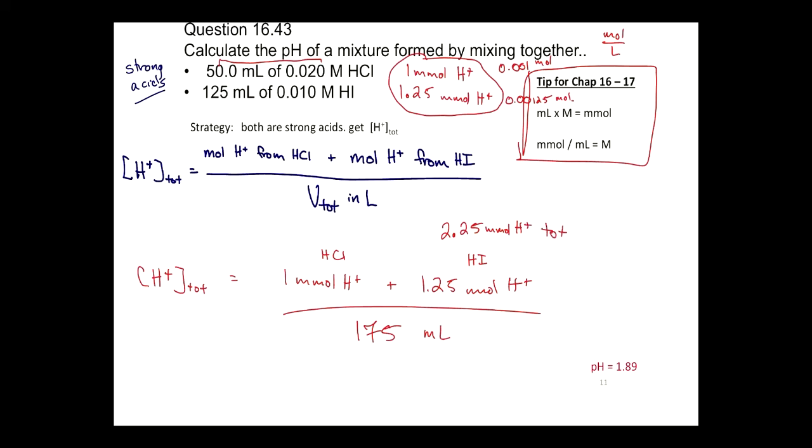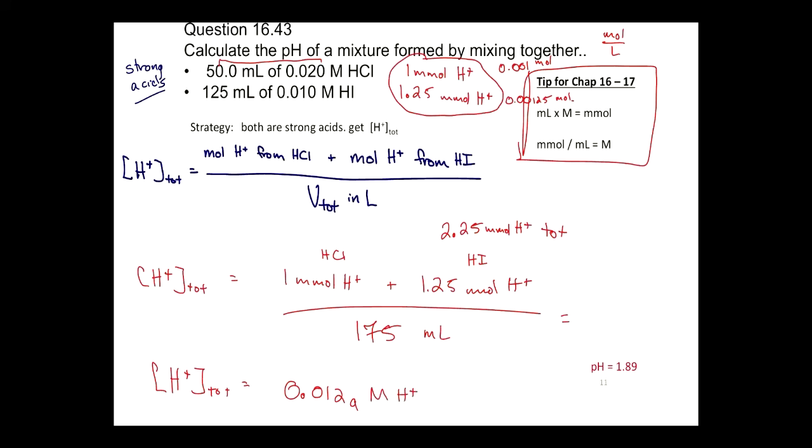When you do that, you get 2.25 divided by 175. So I get that the total H plus concentration in this solution is 0.012, probably 2 sig figs, but I'll add an extra one here: 0.0129 molarity of H plus.